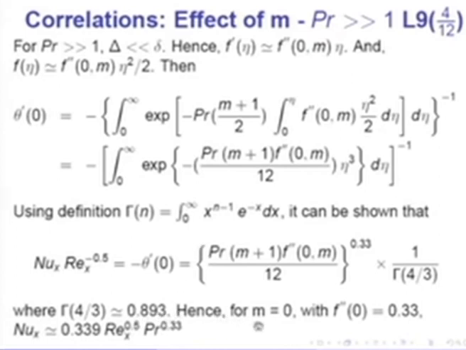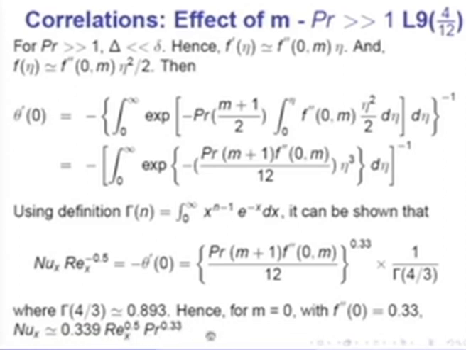So, if I put m equal to 0, and recall that for m equal to 0, f double prime 0 is 0.33, and use gamma 4 by 3 equal to 0.893, then you will see a correlation is possible for very, very high Prandtl numbers: Nu x equal to 0.339 Re x to the 0.5 Prandtl to the one third.